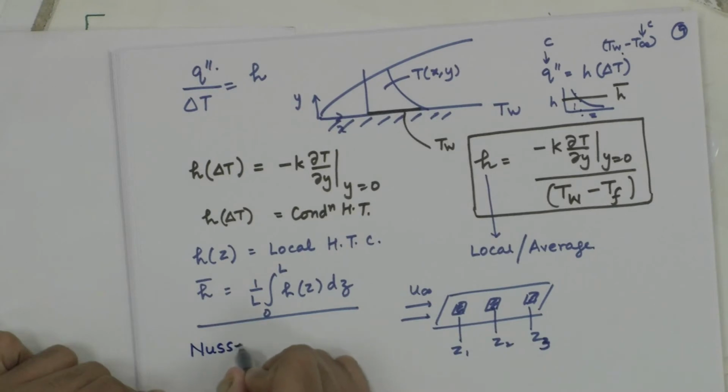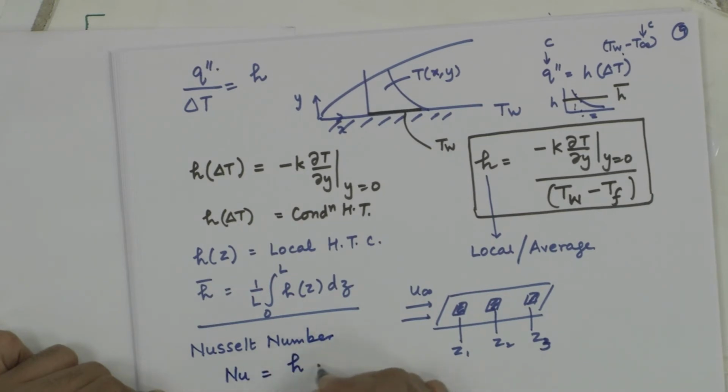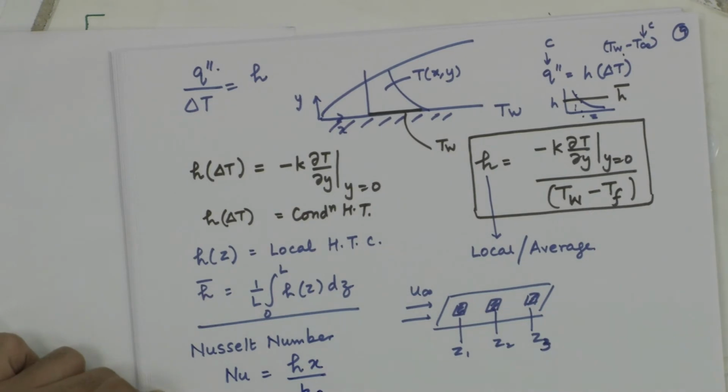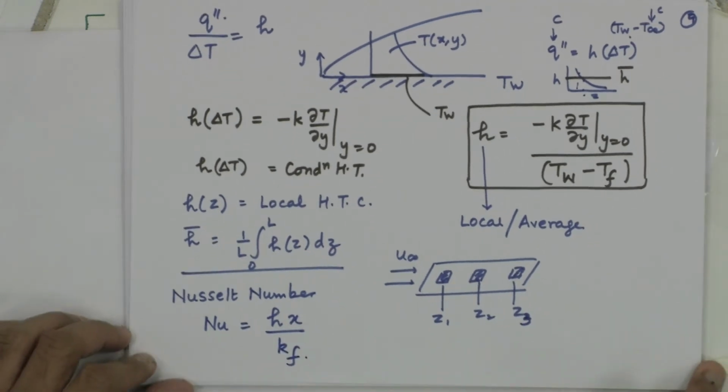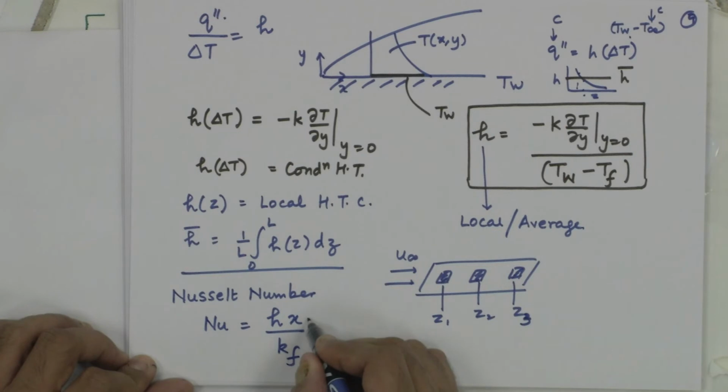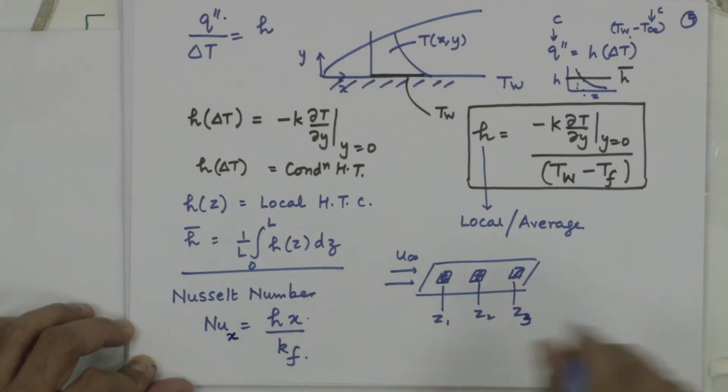Last but not the least, we have to define a non-dimensional number, the Nusselt number, which is defined as Nu equal to H into characteristic length divided by the fluid thermal conductivity, H into X by Kf.